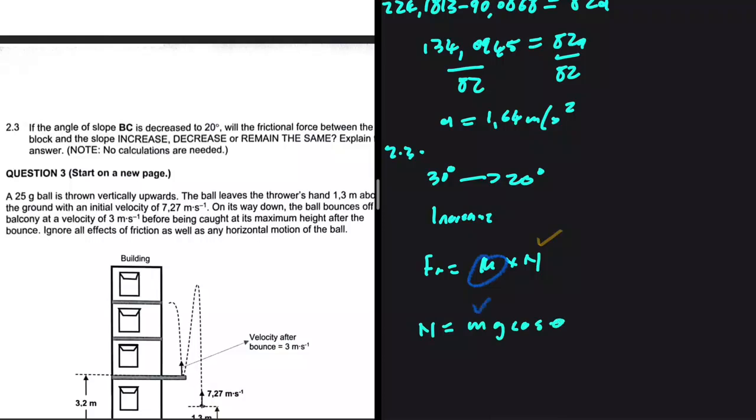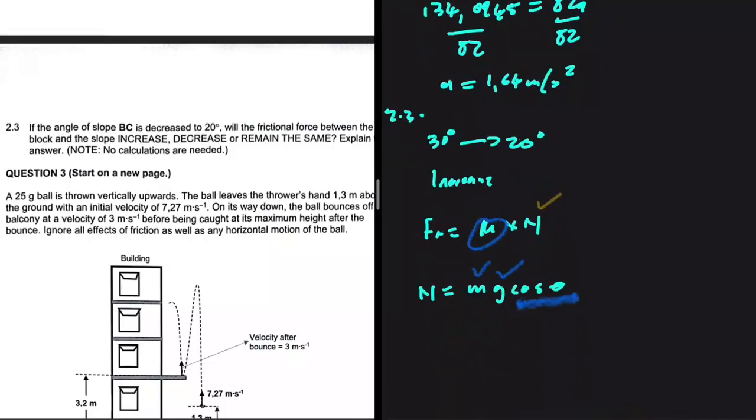The mass is constant and the acceleration is also constant. So we are just looking at cos of theta. If the angle decreases, does the normal force increase or decrease? We know that cos of 0 is 1 and cos of 90 is 0. If you decrease the angle, the normal force increases. If you increase the normal force, the frictional force is going to increase.